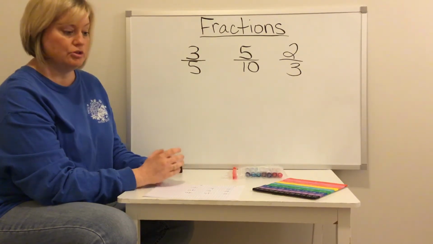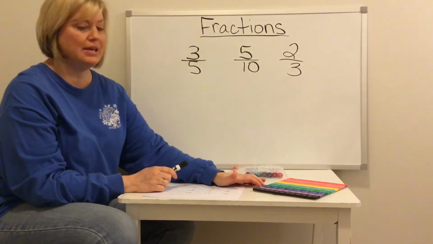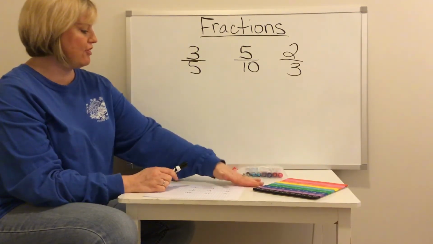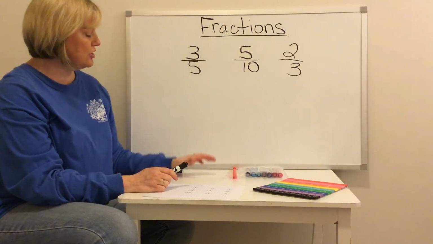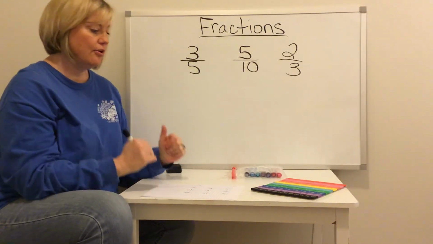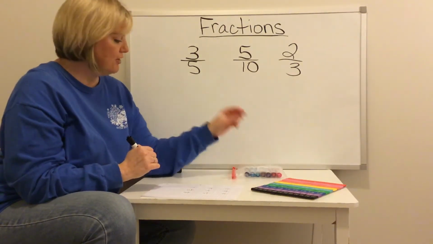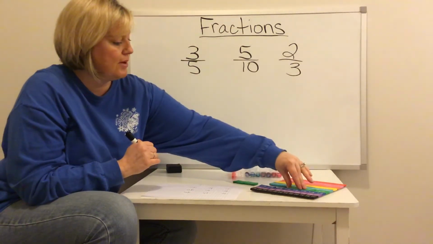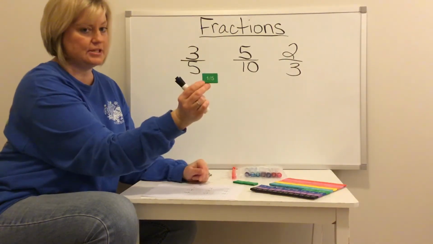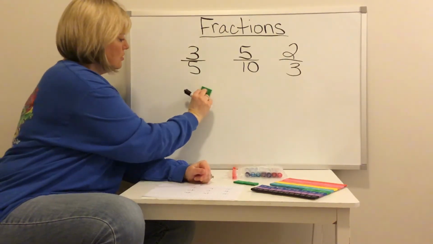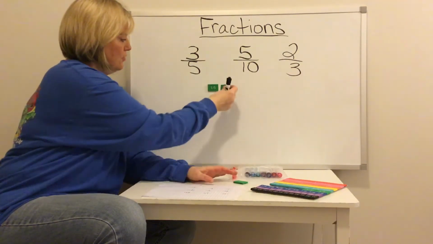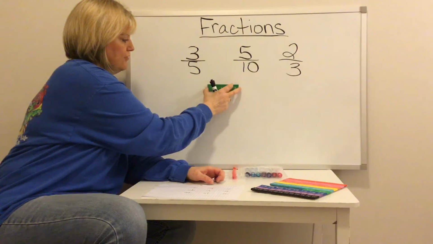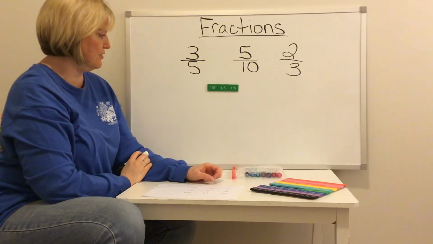What you would want to do is use your fraction pieces, okay? So I'm going to use my fraction pieces to show each of these, and then we're going to compare the pictures. So 3/5, I'm going to take 3 of my 1/5 pieces. All right, 1/5 plus 1/5 plus 1/5 makes 3/5.